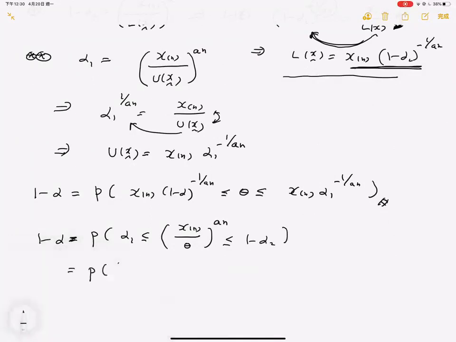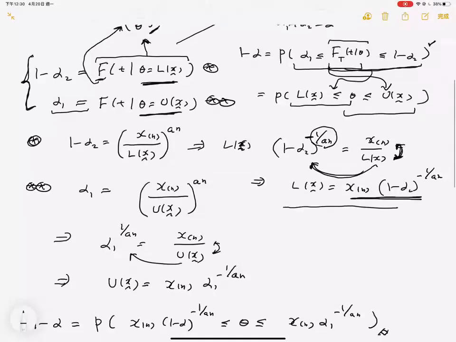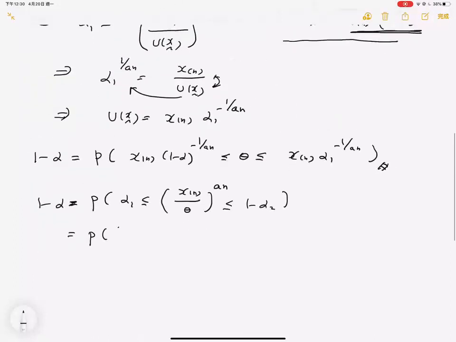I don't have to use complicated things right here. Okay, good. This is general for each of the solutions of the lower bound. Right here, you could see directly what? I can take the power 1 over an on both sides.